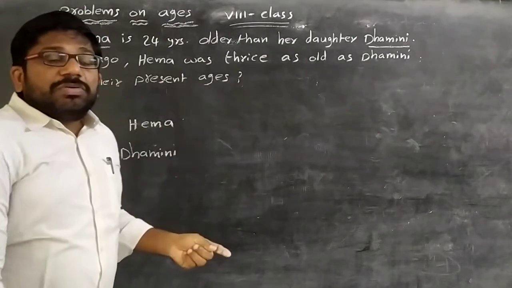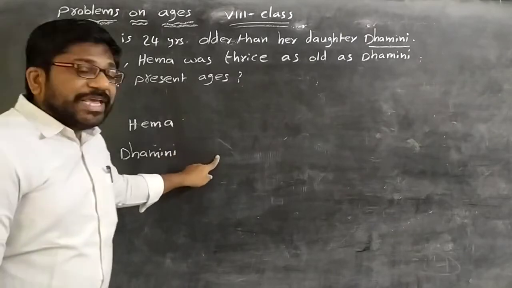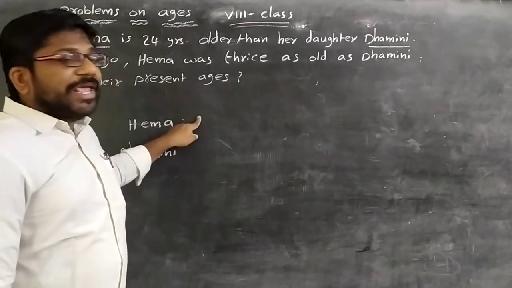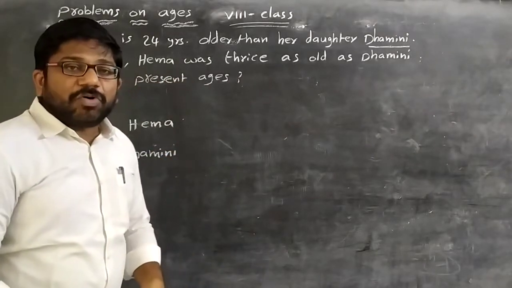So we don't know the present age of Damini. If the present age of Damini is x, then her mother's age is 24 older, x plus 24, right?